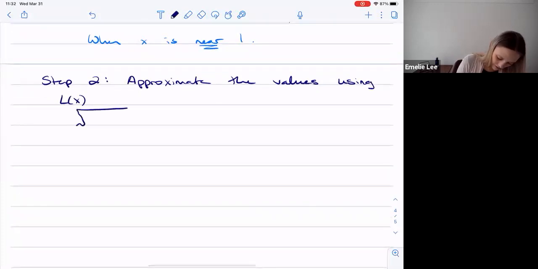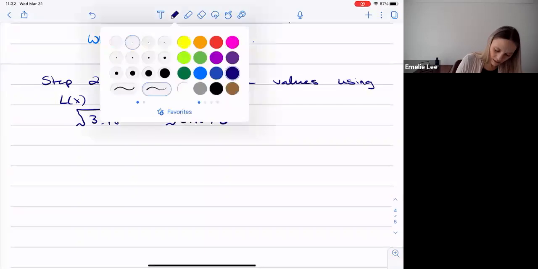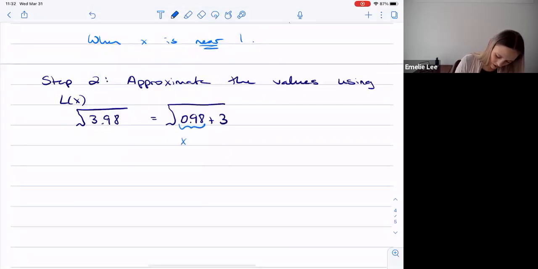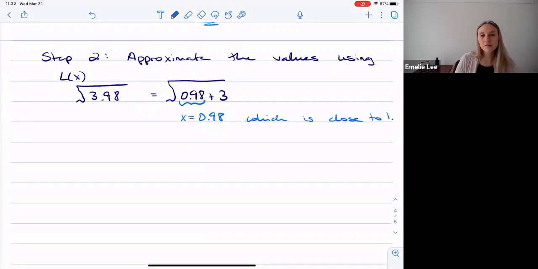If we want to approximate the root of 3.98, that's the same as the root of 0.98 plus 3, which tells me that x is 0.98, which is close to 1. So now just remember that x is 0.98.